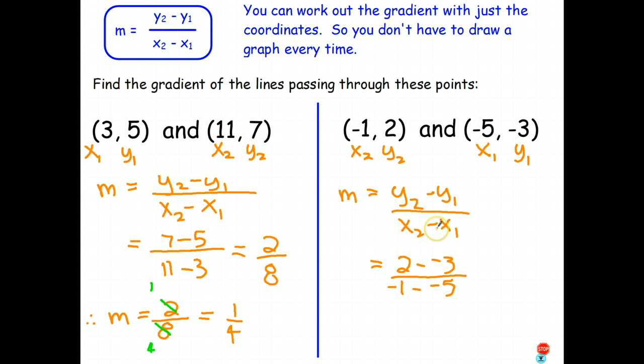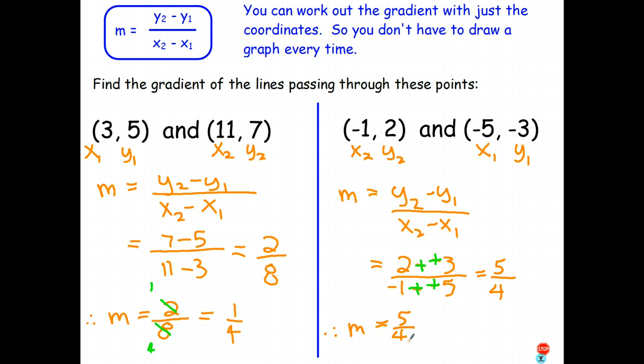Now, subtracting a negative is the same as adding a positive. So that becomes 2 plus 3, which is 5, and -1 plus 5 is 4. Therefore, the gradient of the line passing through these points is 5/4.